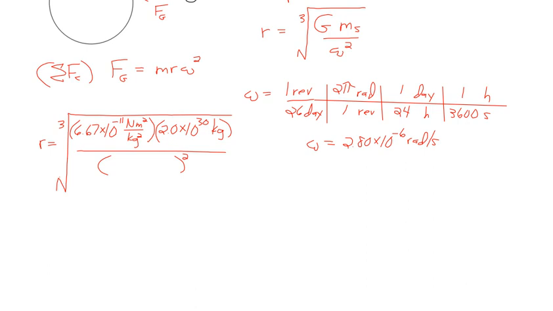So down here, I'm going to have 2.80 times 10 to the negative 6 radians per second. So I'm forced to use radian, but as far as a unit, we can ignore it. We know the answer should end up in meters. If we cancel all this stuff out, underneath the cube root we would get meters cubed, but when I take the cube root of it, we would get meters.